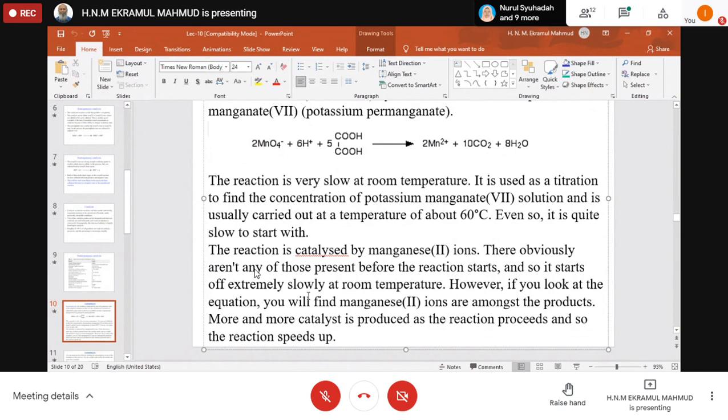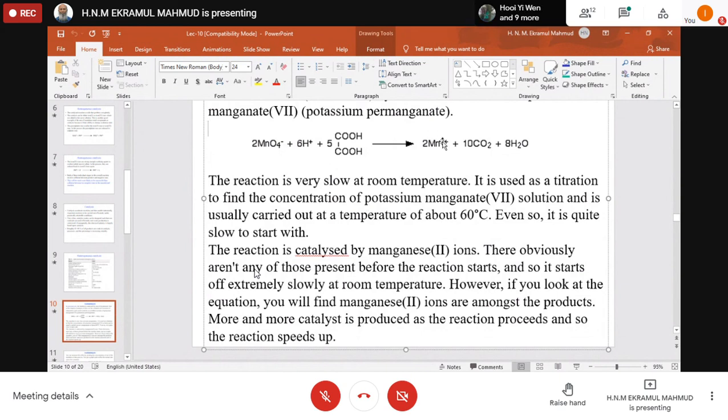So it starts off extremely slowly at room temperature. However, if you look at the equation, you will find manganese 2+ ions are among the products. So more and more catalyst is produced as the reaction proceeds, and so the reaction speeds up.